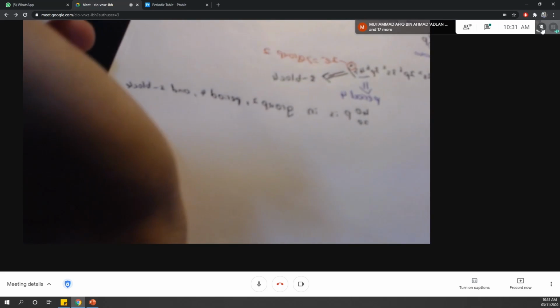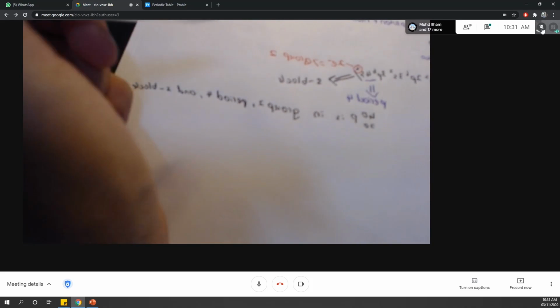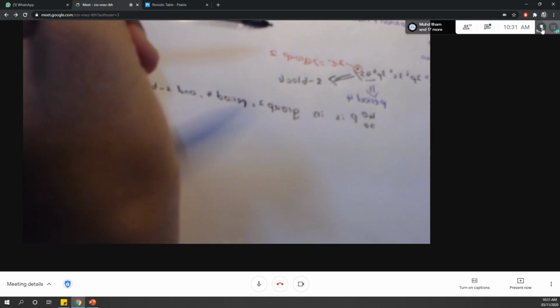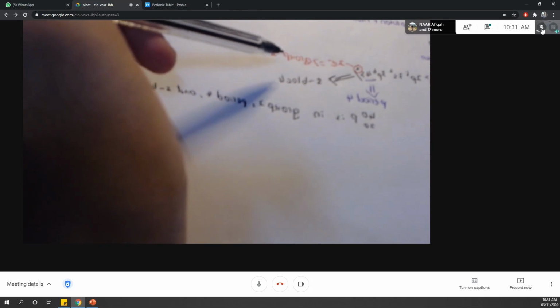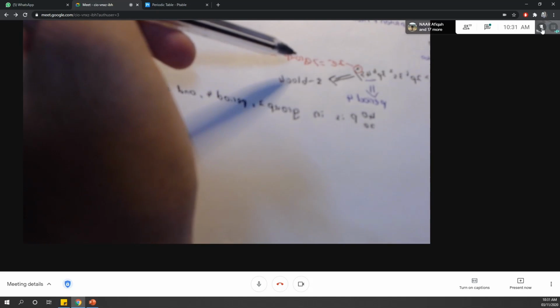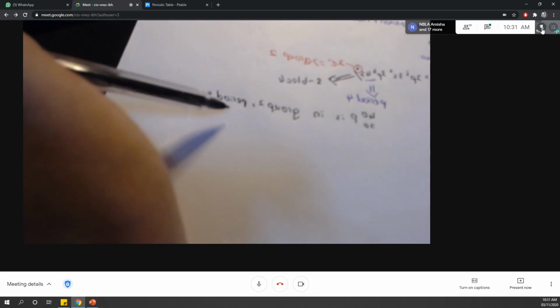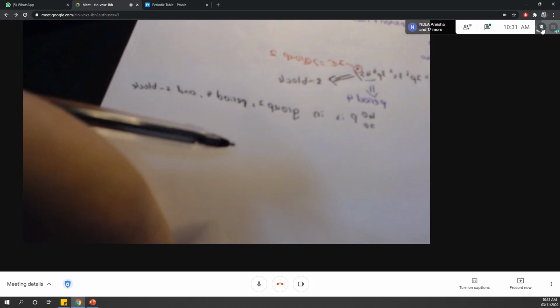Okay, baru awak dapat full mark. But sometimes kita tahu maybe the examiner is grumpy. Dia balik kerja penat, so macam alamak tak nak bagi markah. So lebih baik tulis balik.